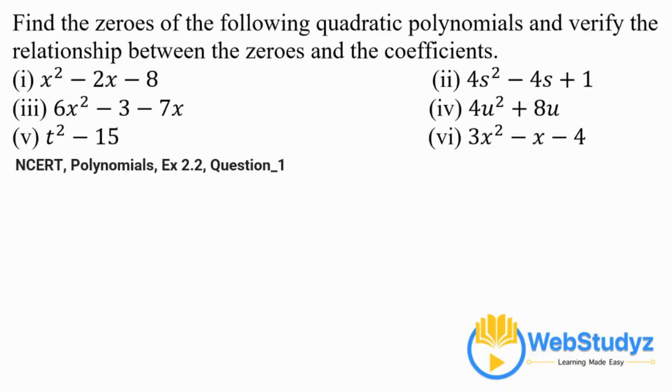Now move on to the fifth one, that is t square minus 15. If this is equal to 0, then t square will be 15.